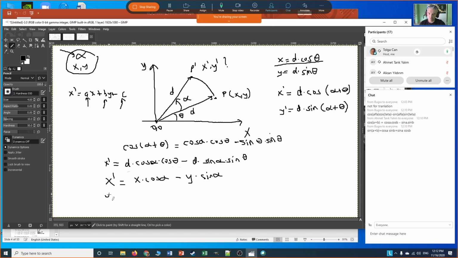Let's do the same thing for y prime. For that, we are going to need sine of alpha plus theta. Let me guess this one. This should be the other one: sine alpha, cos theta plus cos alpha, sine theta.